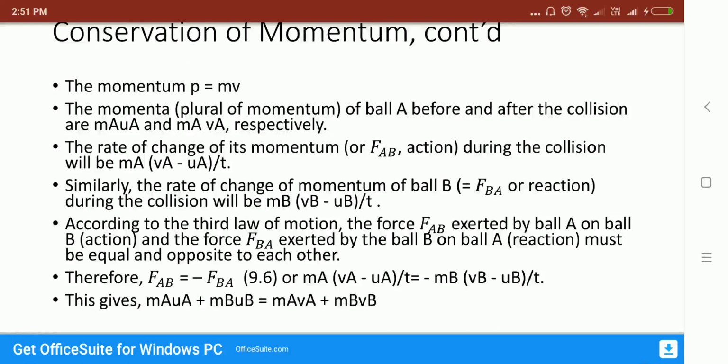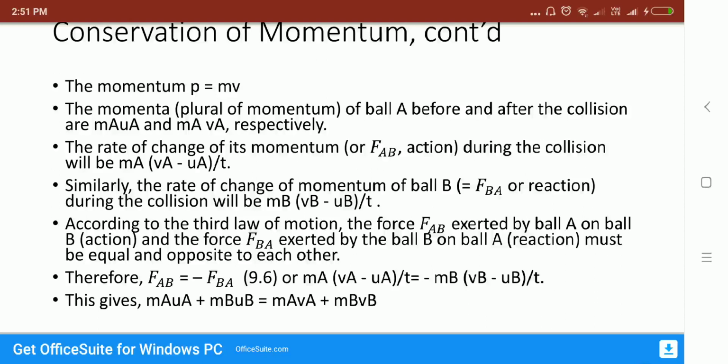And the rate of change of momentum gives us a force. So MA, the mass of ball A, into the rate of change of velocity, that is (VA minus UA) by t, is the force FAB.